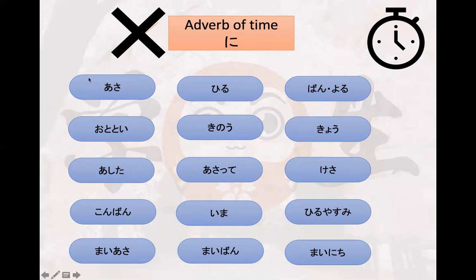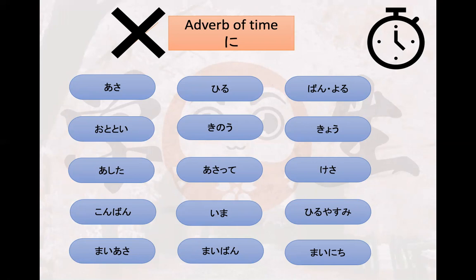Kasi sa Japanese, kapag kasama niya nasa sentence, hindi natin siya nilalagyan ng particle ni. Kasi hindi sila specific time. Okay? So ano lang yung nilalagyan natin ng particle ni? Lahat lang ng specific. For example, 2 o'clock, 3:30, 12:59. So these are all specific time. So lalagyan natin siya ng ni. However, for the adverbs of time, hindi pwede.